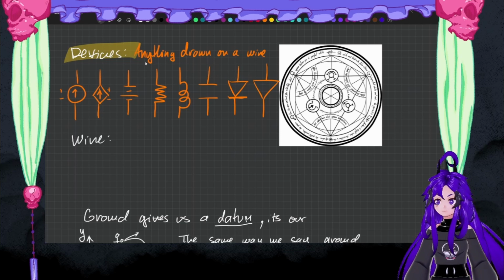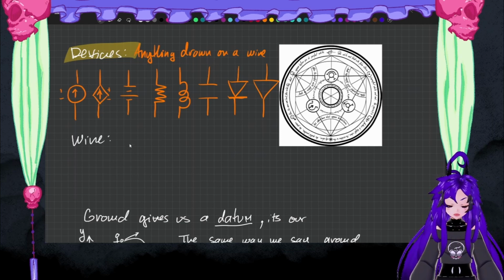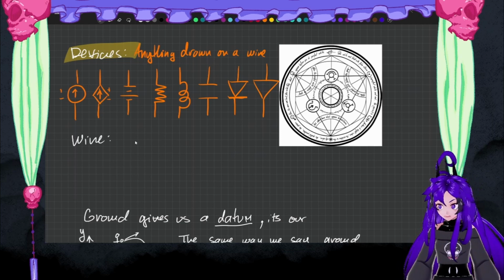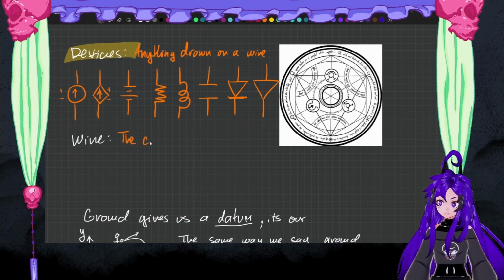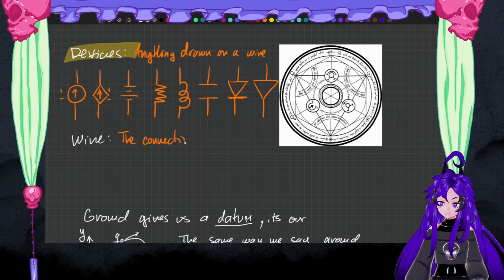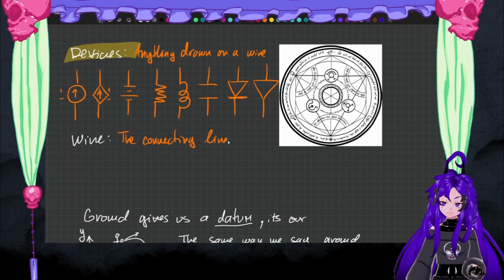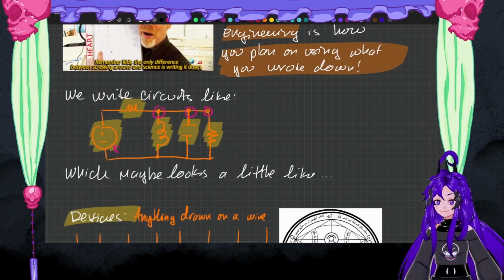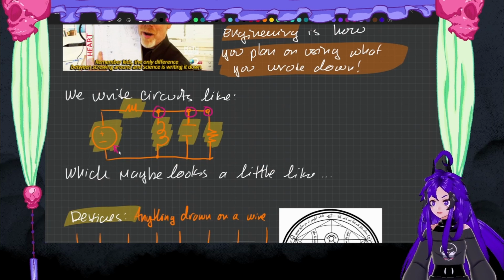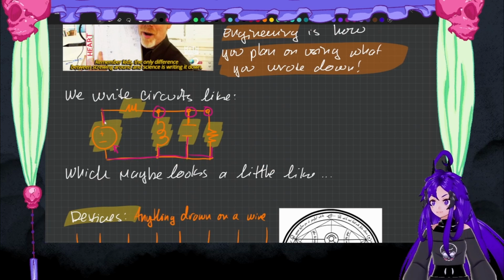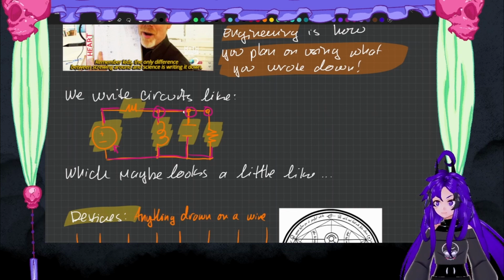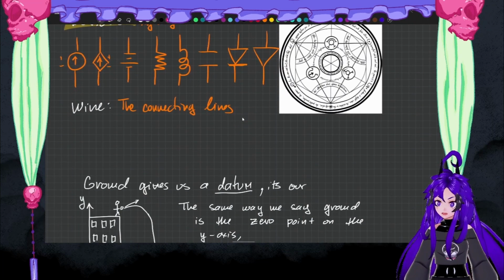So what else? There's wire, right? And that's the connecting lines. That's this stuff, and that and everything that brings all the stuff together. But it's also a few other things.